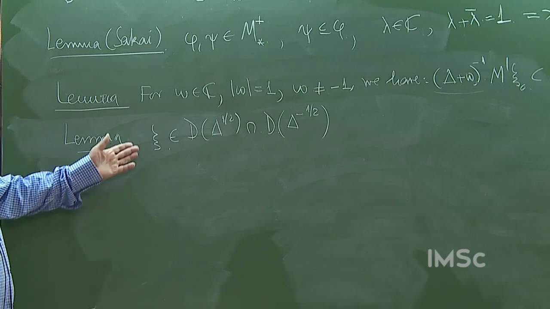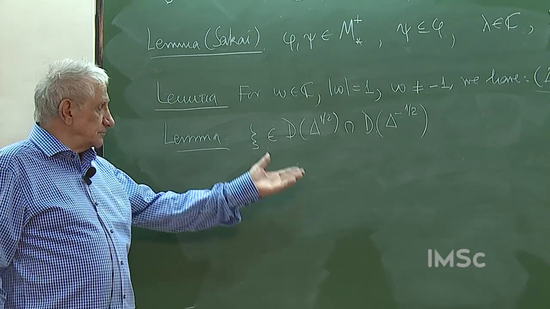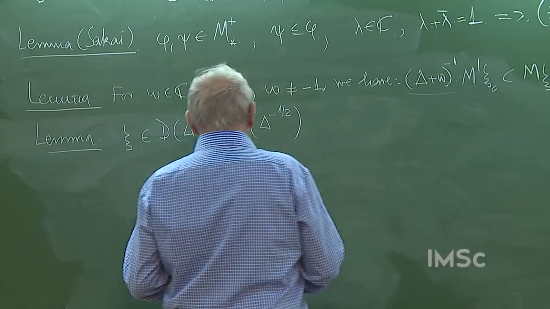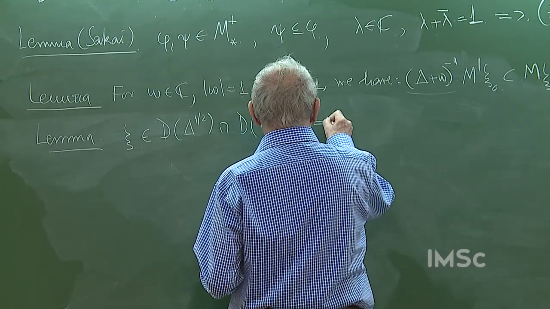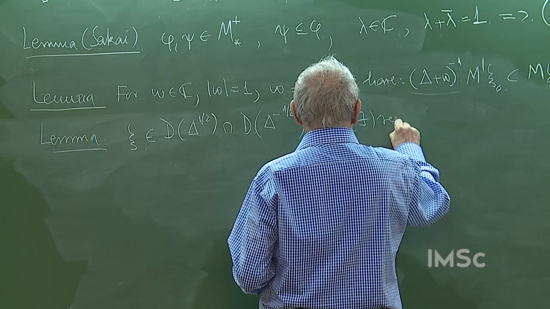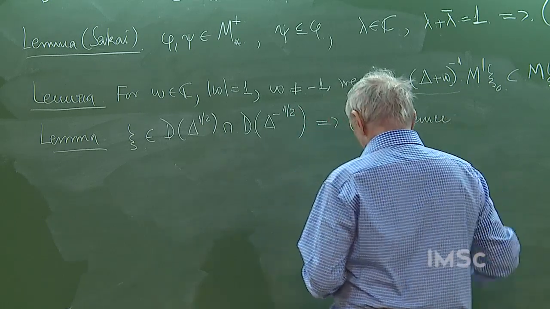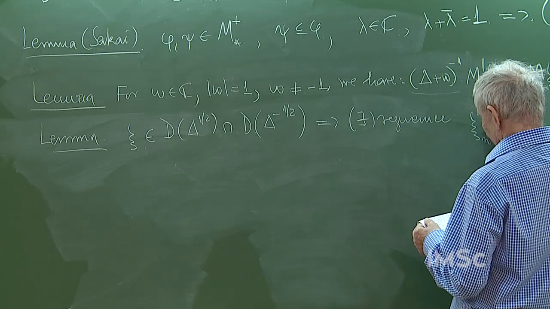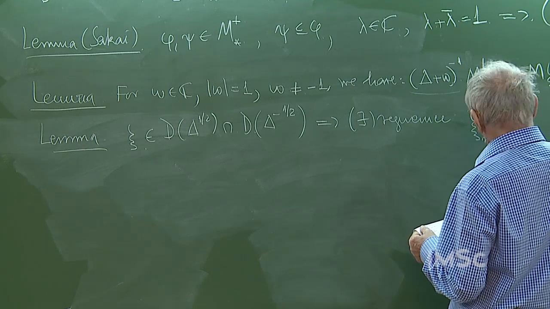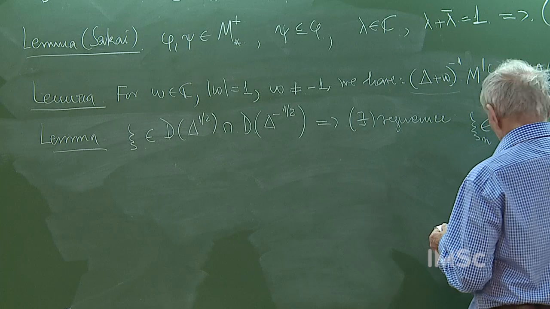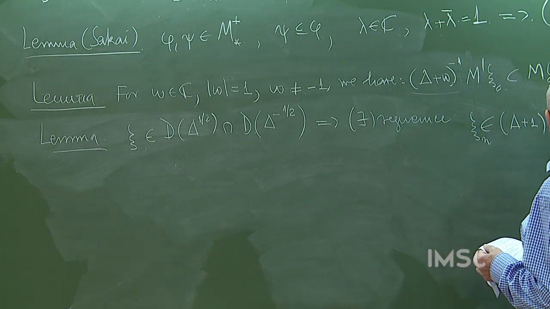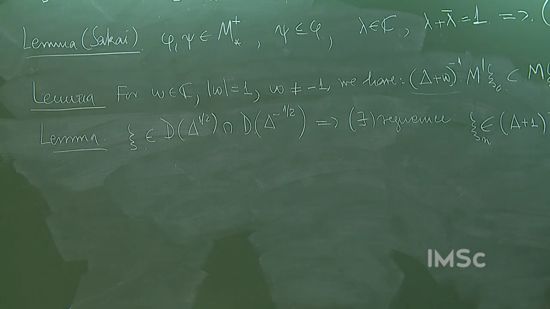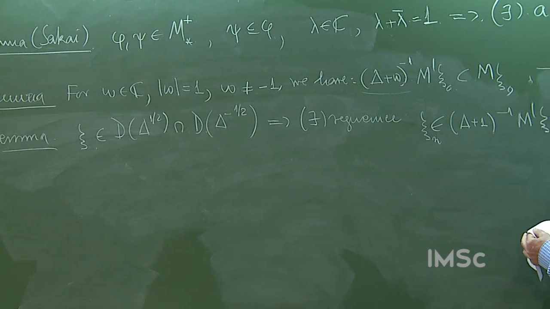There are plenty of such elements. Then there is a sequence psi n, belonging to delta plus 1 to the minus 1 of M prime psi naught, so that this is already in M psi naught.